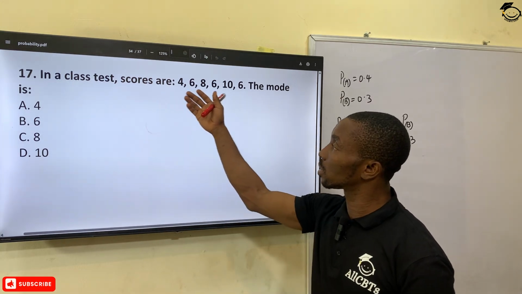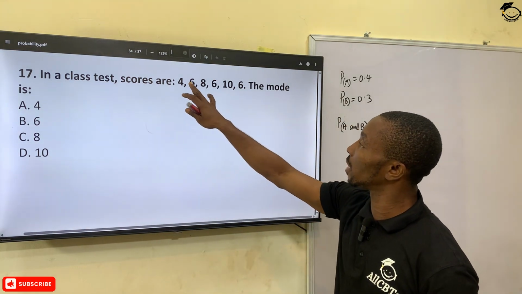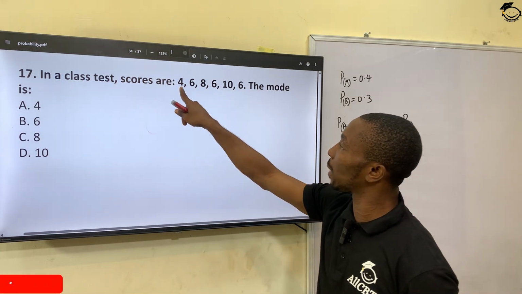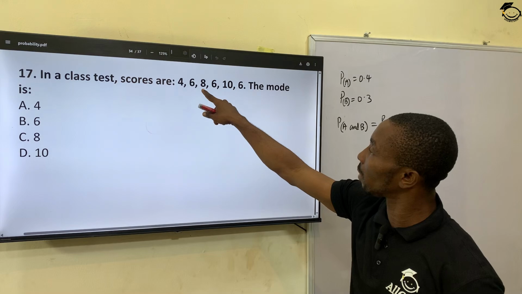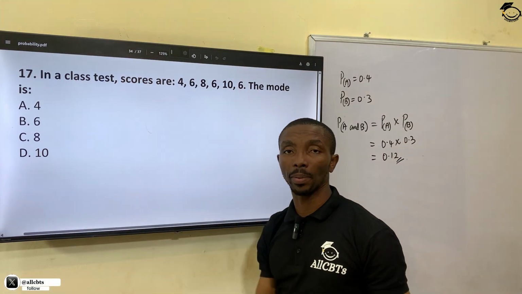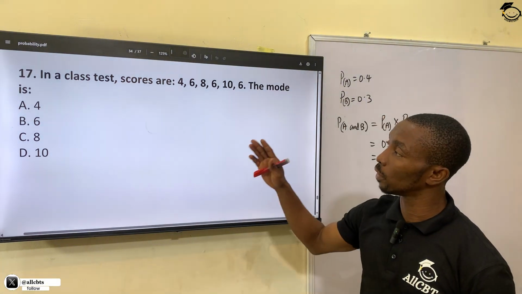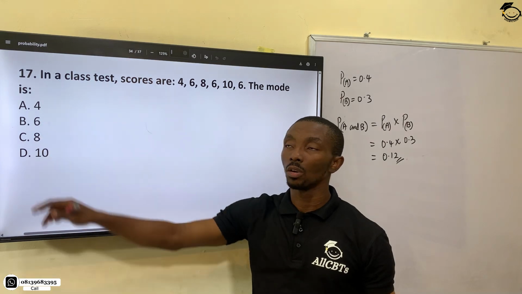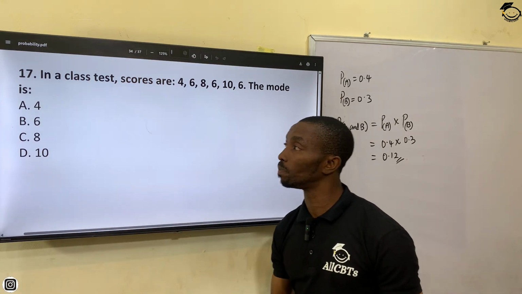In these scores, we have 6 appearing 3 times, which is the highest. 4 is appearing once, 8 is appearing once, and 10 is appearing once. But 6 is appearing 3 times. So the mode of these scores would be 6, which is our option B.